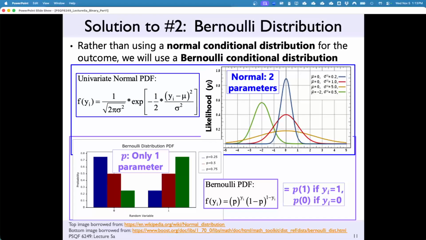You'll note here one big difference between Bernoulli distribution, which is where we're going for binary data, and continuous normal distribution, is that the normal distribution has two parameters that describe it, a mean and a variance, but the Bernoulli only has one. And when the Bernoulli only has one, the variance for Bernoulli turns out is a function of the mean. The variance is p times 1 minus p.